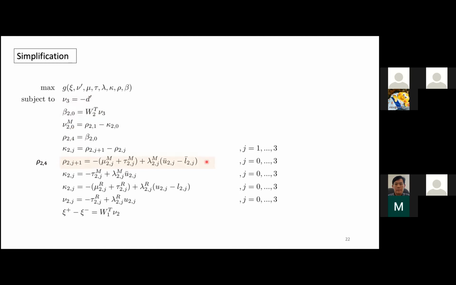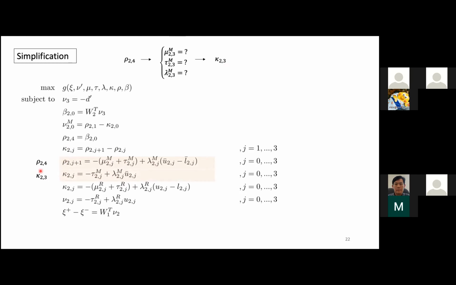Here I use the orange block to frame it, and here gives us an idea. That is, if we have a rho, maybe we can get the mu n, tau n, lambda n. And if we have these dual variables, maybe we can use the second constraint, use the tau n and the lambda n to get the kappa. So then we get a kappa.